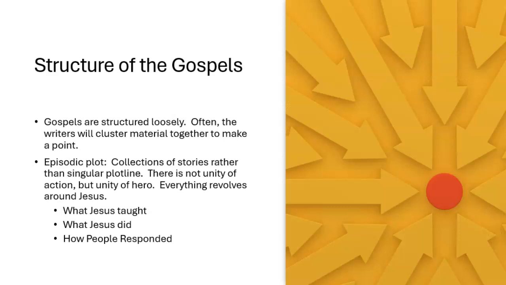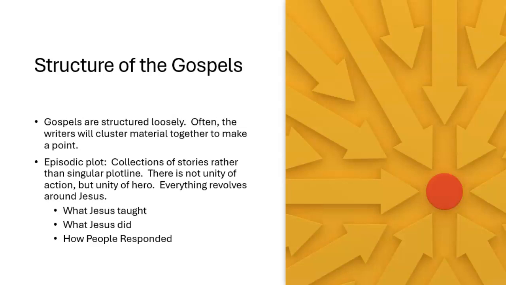So the Gospels are structured pretty loosely. Rather than following a strict chronological order, they will be loosely chronological, but then they will sometimes stop to structure material together that has a common theme. So if Jesus happens to teach about a thing, they will bring in other stories that discuss that same thing.